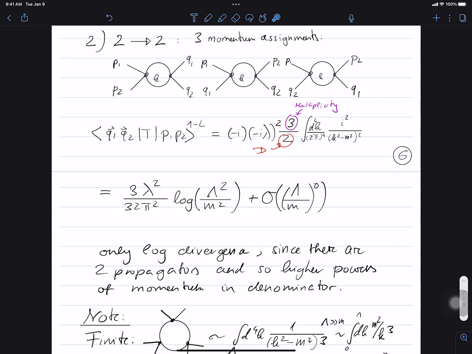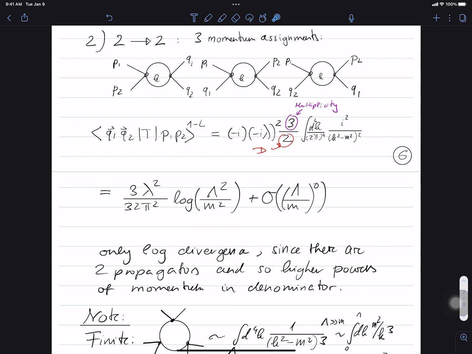This is also expected because the numerator scales like k cubed, and the denominator scales like k to the 4 at large k. So the integral of 1 over k dk is proportional to log k. Still, it's not finite. It's an infinite expression at very large momenta, but it diverges only logarithmically, not quadratically.